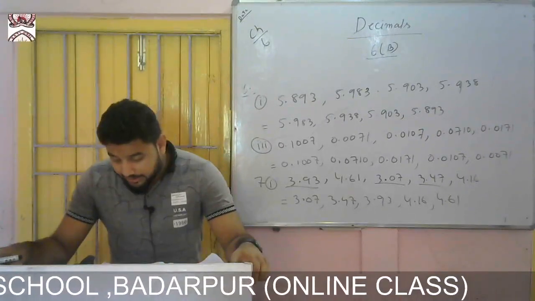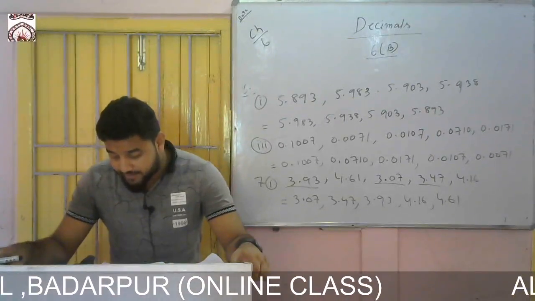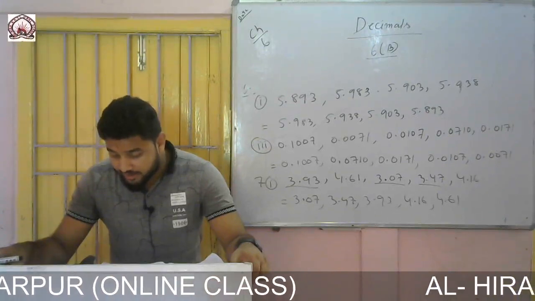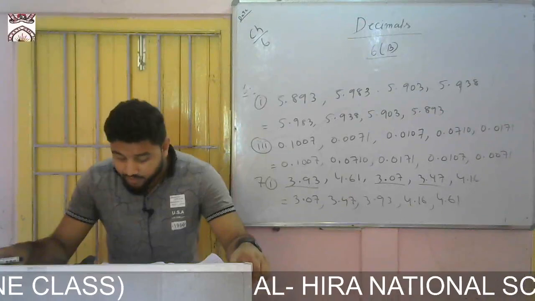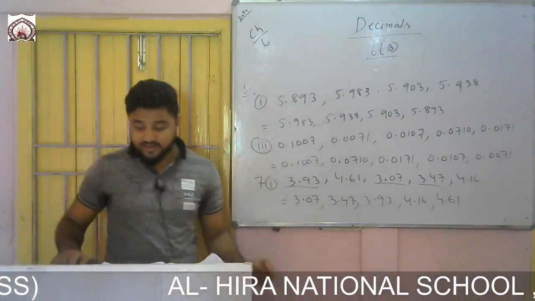8 3/4, 8.73, 8 7/8, 8 17/25, 8.69 in ascending order. That means you have to write all these in ascending order.